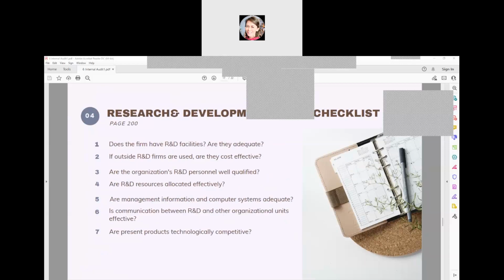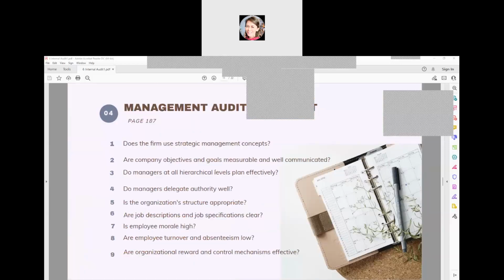All right, so depending on the functions that you have in the organization, they would come up with your list of questions. Now, what is the importance of this checklist or list of questions anyway?